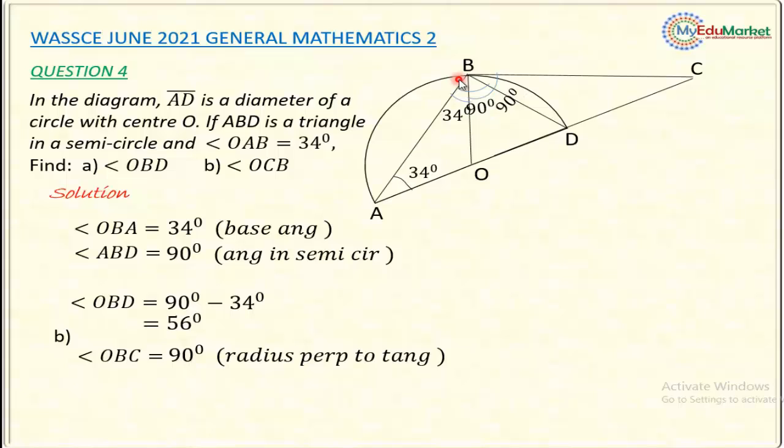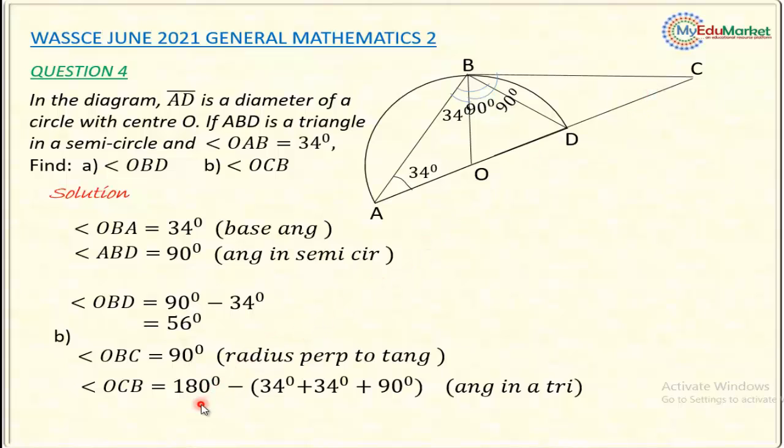I can now get the angle at C, the angle I'm asked to find in question B, using the whole of this triangle. I have this angle as 34, and this angle from here to here is 90 plus 34, which I can use by the sum of angles in a triangle. So angle OCB will be equal to 180, sum of angles in a triangle, minus 34 plus 34 plus 90.